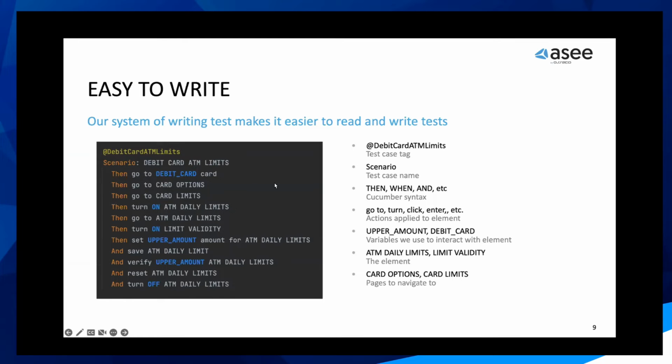For example, go to cards page or card options: it clicks, first verifies that the button for card options is there, then clicks it, and then verifies that the card options title is there and that it opened the right page.